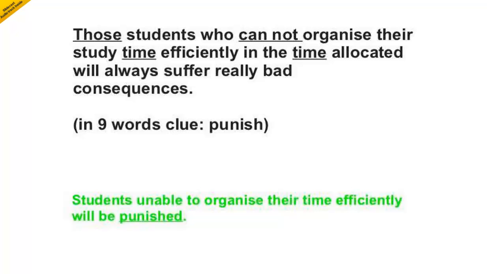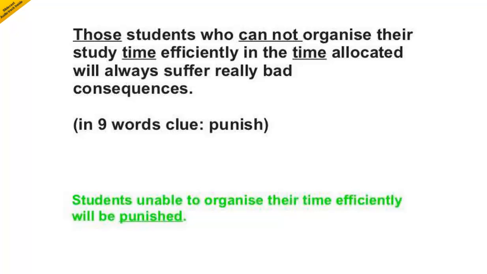So once again we can go to the Latin verb, and the Latin verb for can is able to. Then the negative version of this is unable to. So immediately we eliminate 2 words.